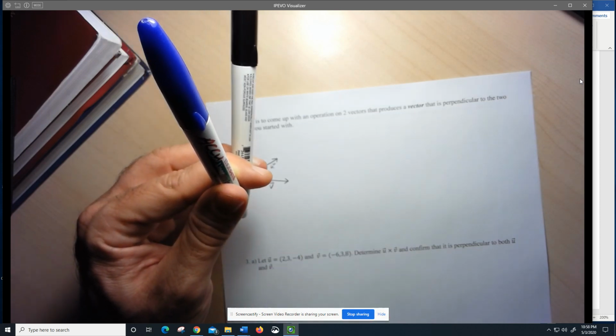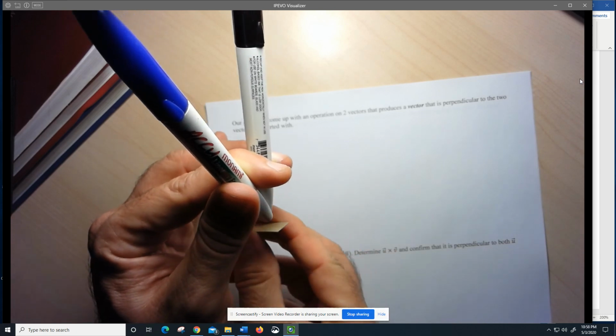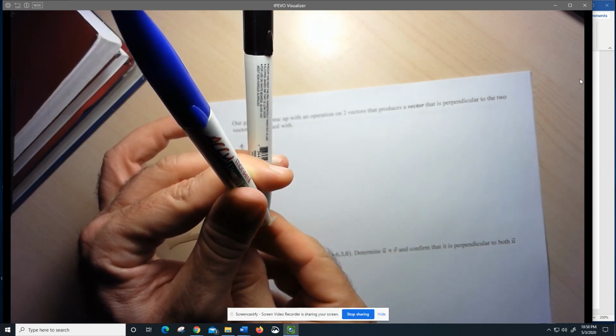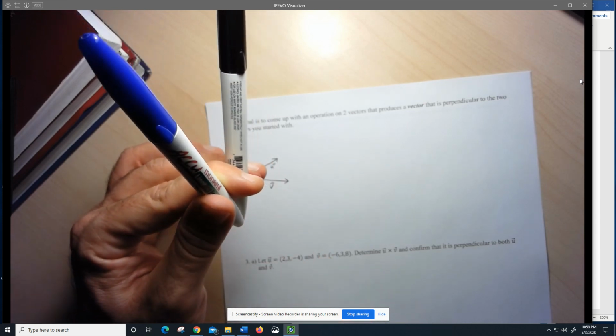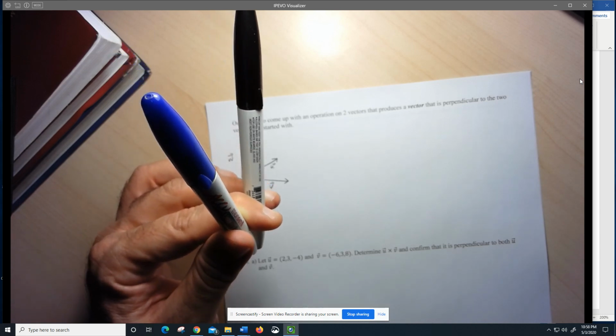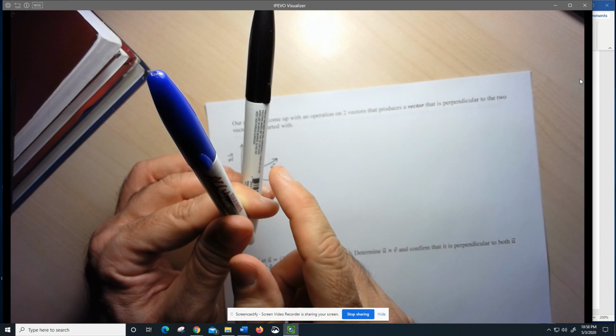And in fact, if I take a vector in the other direction, so opposite, it's also perpendicular to both of these vectors. All right. So clearly there's more than one possible vector that's perpendicular to the original two.